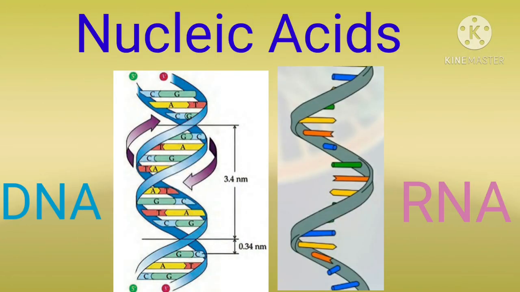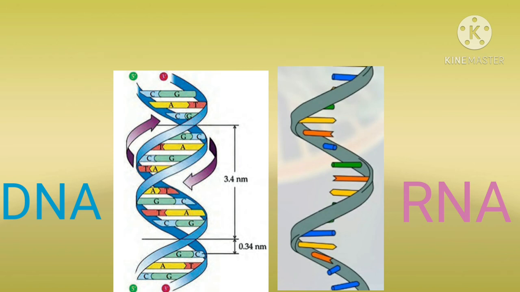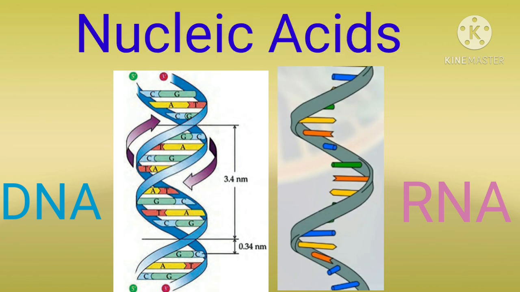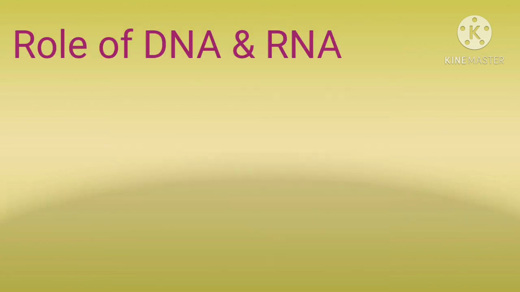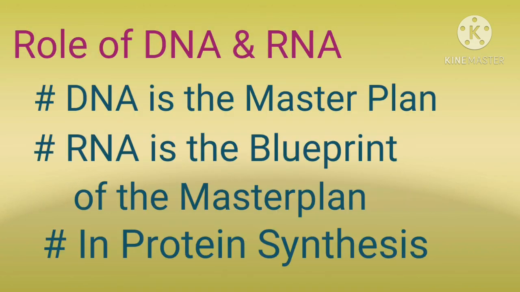DNA and RNA are 2 types of nucleic acids that are produced inside the nucleus of the cell. The DNA and RNA have a very important role in expression of characters of an organism. The DNA is said to be the master plan as it contains genes and genetic codes.